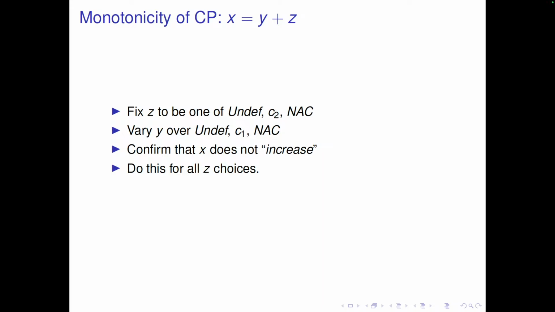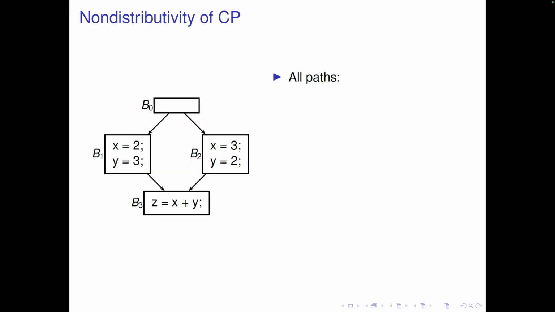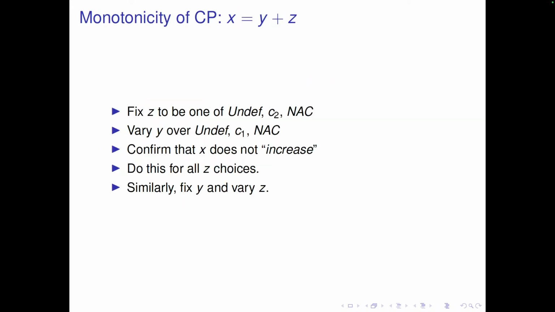First pick z to be undef, then pick z to be C2, then pick z to be NAC, then you do y as undef, C1, NAC. So basically you create a matrix and show that this matrix does not increase. So let's do it. I think that's an exercise. Even if you have not done it for available expression, this is a good exercise for constant propagation.